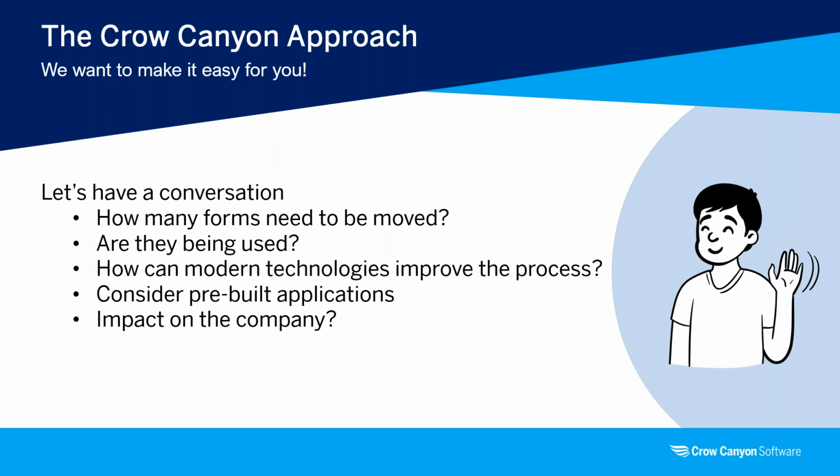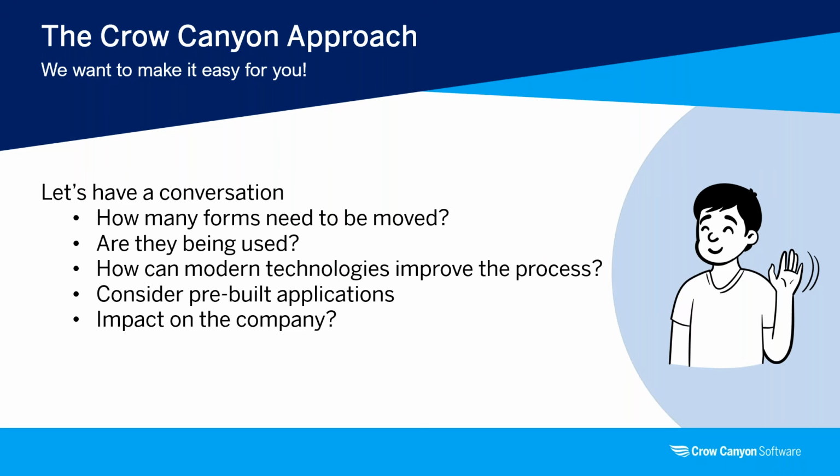So the conversation is basically about how many forms need to be moved, how they are being used, what departments, and kind of an overview of the modern technologies to get improved. Maybe the process is really outdated and there may be a newer way to do things now that mobile is available, or other factors of modern technology, the cloud, that weren't available when you first implemented that InfoPath form. They want to talk to you about those.